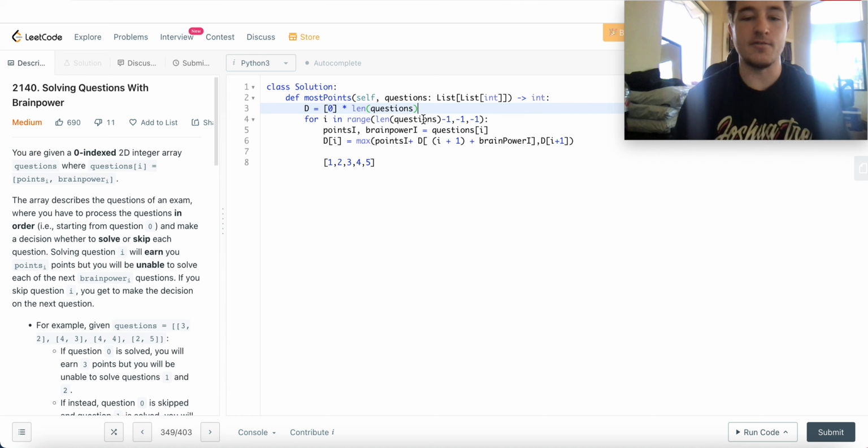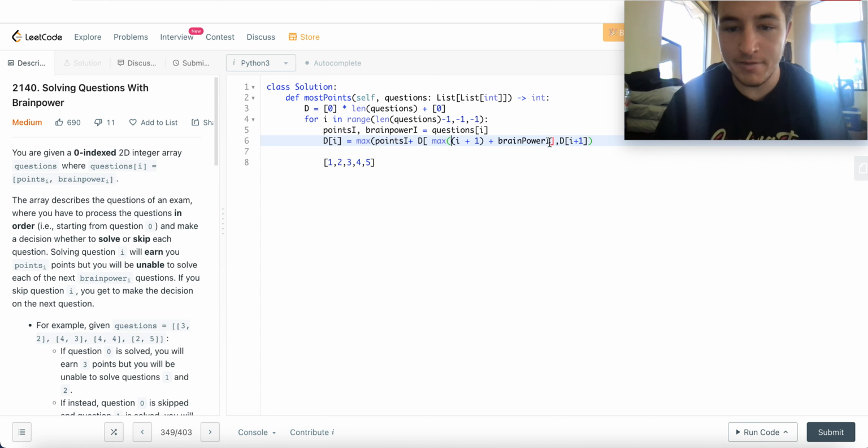So we can make it length of questions, and then we could add another 0. And then for this, we could make it the max of that and length of D -1.